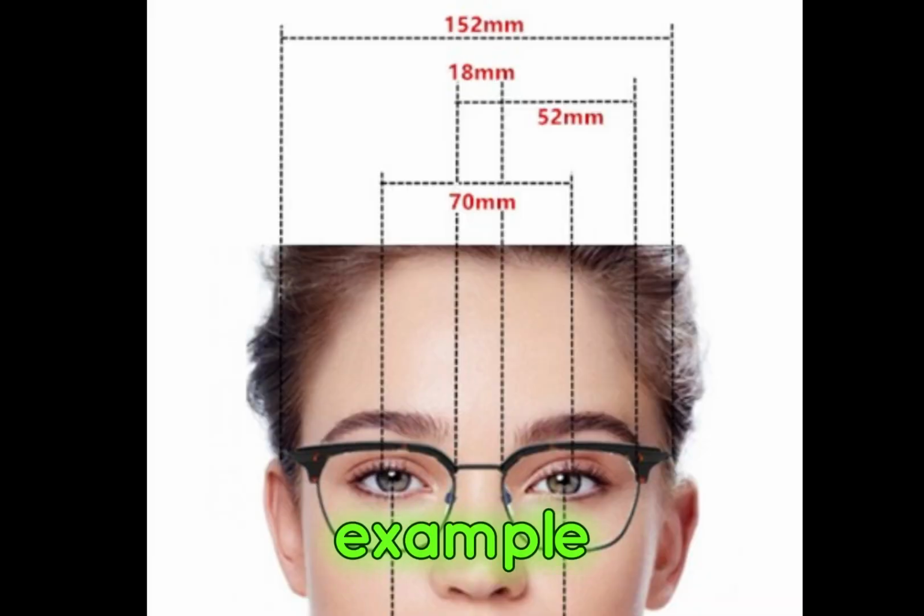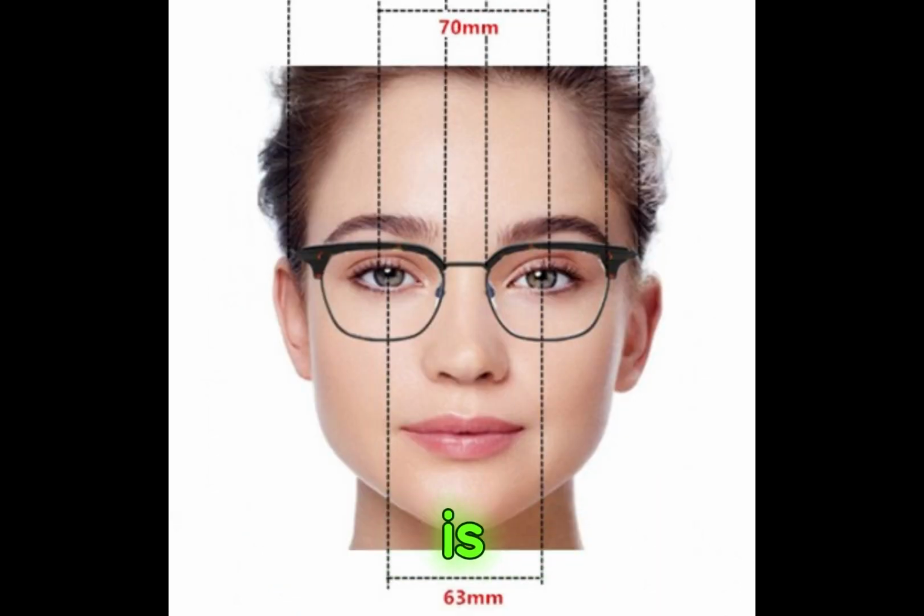For example, lens width 52 mm, bridge 18 mm, total frame width 152 mm. With the smaller bridge as shown in image. Because the wide lens has a relatively large error tolerance rate, that is, the pupillary distance is a bit biased towards the internal side of the lens, but this does not affect the use as shown in image.